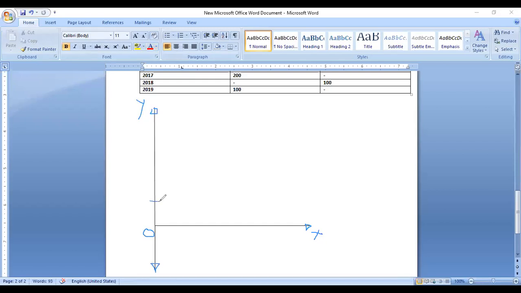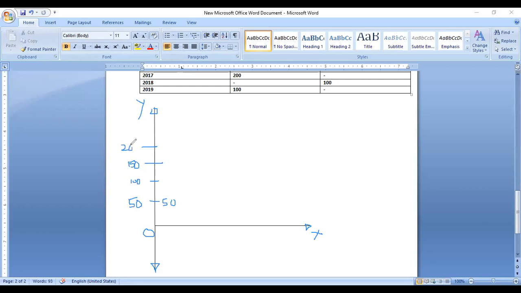So this is 50. This is 100, 50, 100, 150. Highest profit is 200 crores.